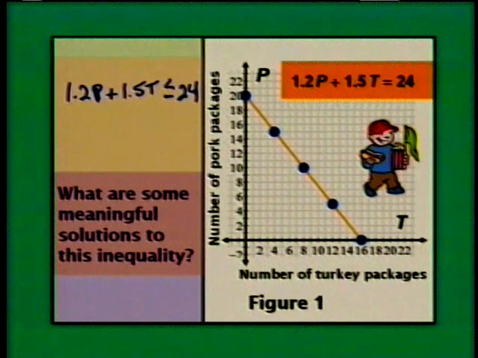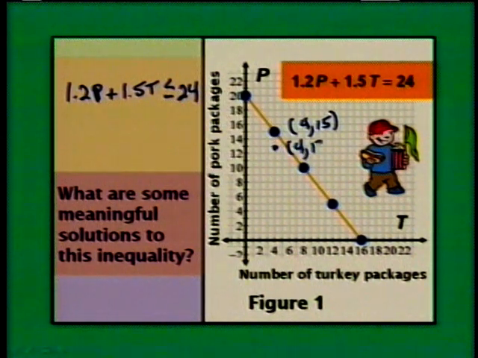For example, this point right here, which is the point (4, 15), tells us that Marge could buy 4 turkey packages and 15 pork packages, and she'll use her entire $24. So it makes sense that if she still bought 4 turkey packages, but only bought 13 pork packages, she'll spend less money than $24. So the point (4, 13) is a solution to our inequality.